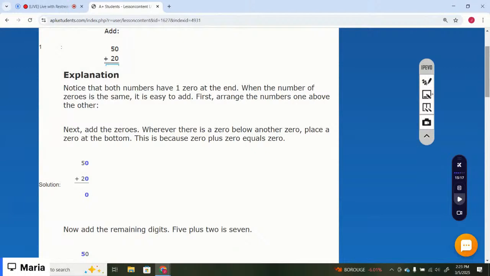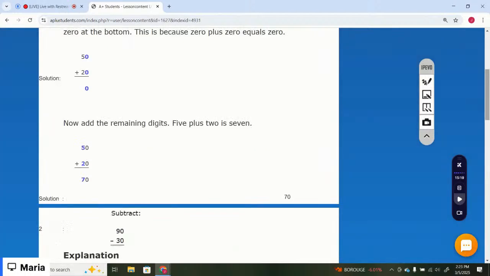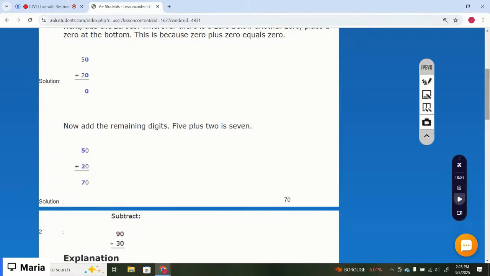Five plus 2 makes 7. So that is 70. 50 plus 20 makes 70.